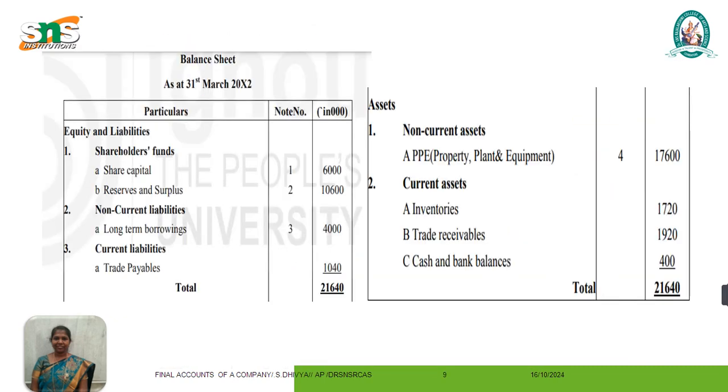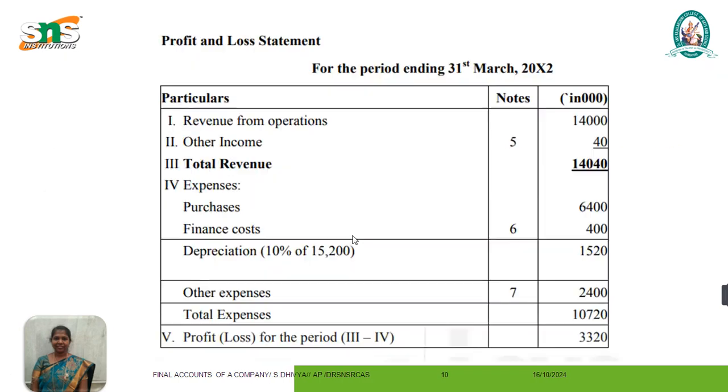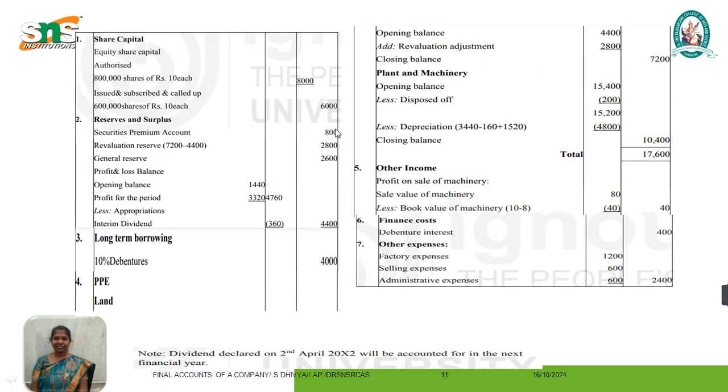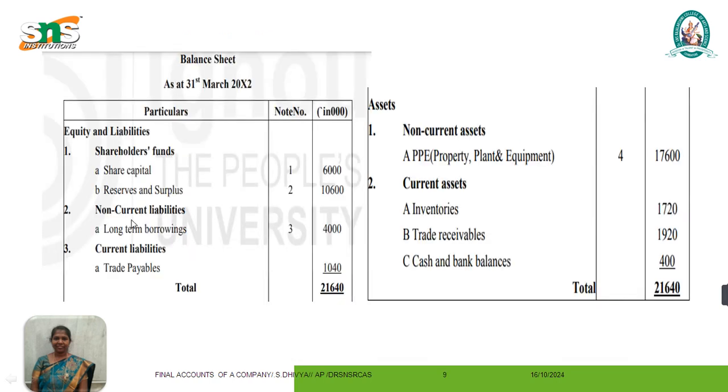So this is the balance sheet. Shareholders' funds are 6,000, as worked out in the note, and reserves and surplus 10,600. Non-current liabilities, Note 3, are 4,000. Current liabilities are 1,040.